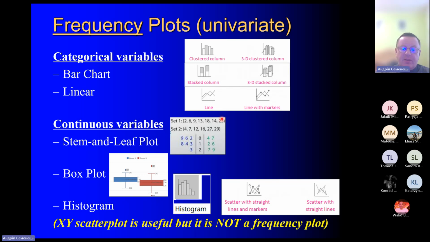Actually, stem and leaf is very rarely used right now, and it's applicable only for a very small data set, like in the given example. But anyway, maybe you will need this. The major approaches are the box plot, of course, and the histogram.